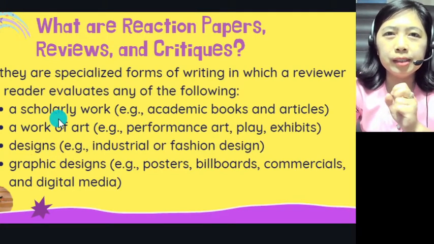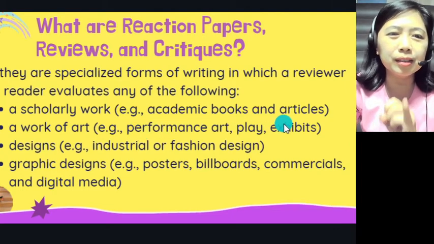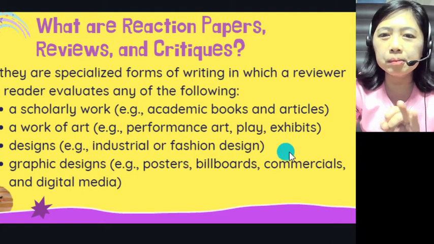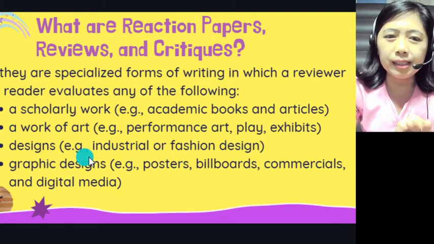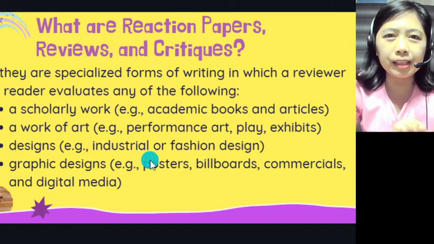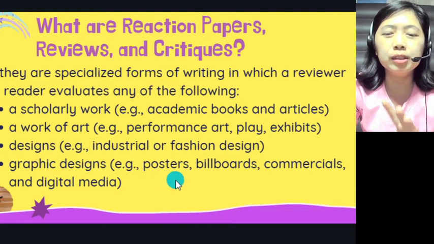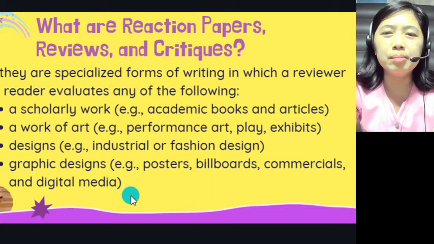It could be a scholarly work, such as academic books and articles. It could be a work of art, such as performance art, a play, or exhibits. It could be designs, such as industrial or fashion design, or graphic design, including posters, billboards, commercials, and digital media.